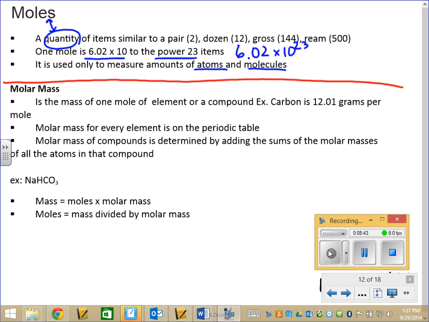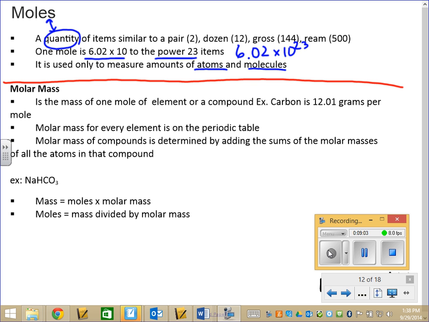And all of the masses on the periodic table are reasonable numbers. They're somewhere between 1 and, say, a couple hundred. They're not really tiny decimal numbers or really huge numbers with large exponents. And so that would be the logical reason that we talk about moles instead of individual atoms.